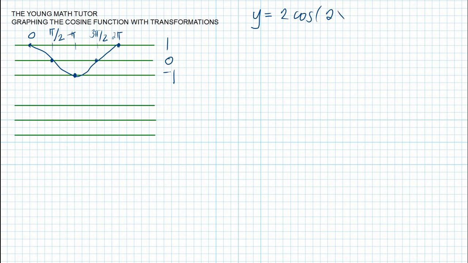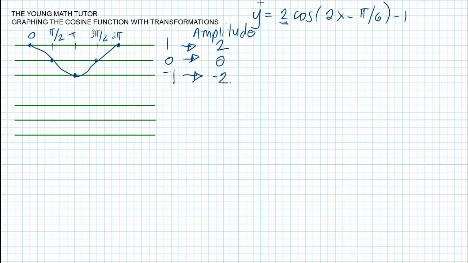Now from the function y equal to 2 cosine of 2x minus pi over 6 minus 1, we can see that 2 is multiplied to the value of cosine. So that means that the amplitude literally amplifies the value of cosine. So we have to multiply it by 2. So 1 becomes 2, 0 becomes still 0, and negative 1 becomes negative 2.